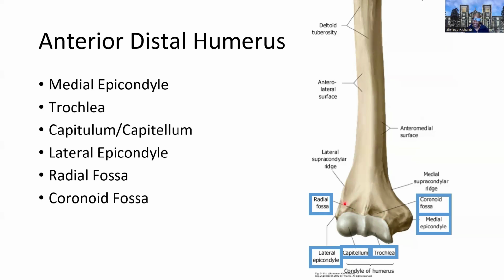And when the elbow is in flexion, so flexion is closing the angle at a joint, forming a more acute angle as opposed to an obtuse angle, which is extension, we're going to see the coronoid process sitting into the coronoid fossa and the radial bone sitting into the radial fossa.